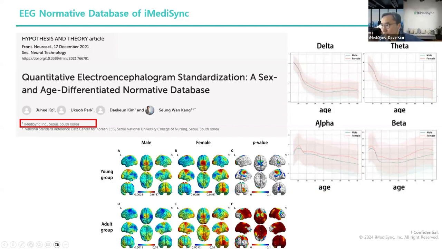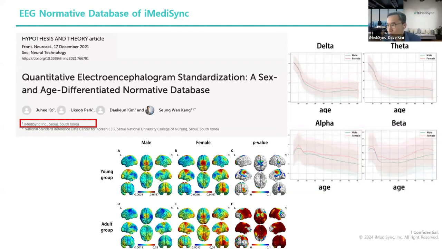And usually this kind of age-related rhythm amplitude, or we can use the power, shows the delta rhythm decreasing and alpha and beta following this kind of pattern. Red and blue are the male and female mean changes, and the shaded area is the standard deviation.